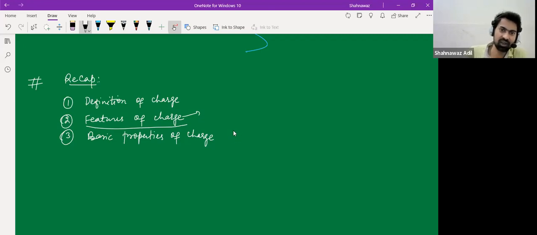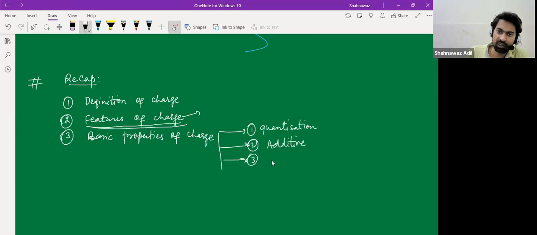In the basic properties part, we learned about 4 properties. One was quantization. The second was additive nature. Third was what?